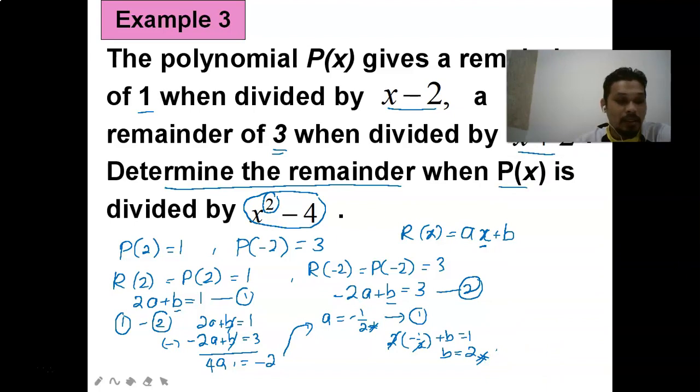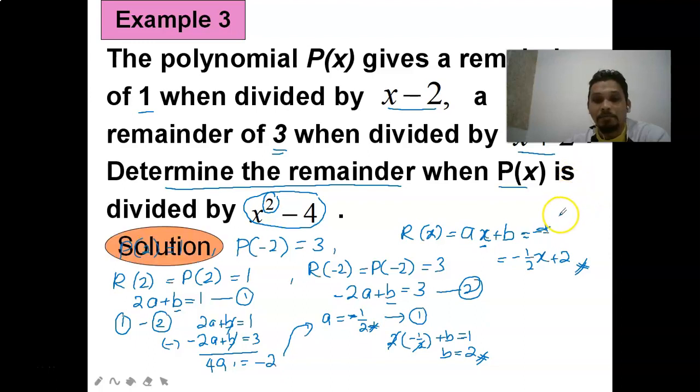Okay, then the remainder, when a equal to negative 1 over 2, ax plus b, the remainder is negative 1 over 2 x, and b equal to 2.